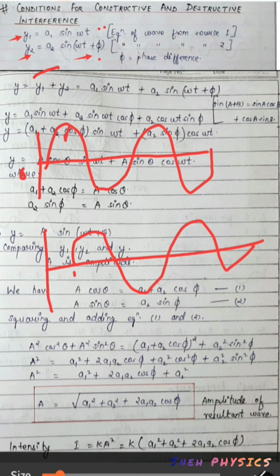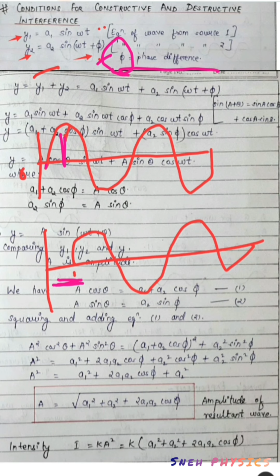So there is a small difference between the two waves, and that difference is known as phase difference. It means that the wave y2 is starting when wave 1 has completed this much of angle. That's why we have included phi in the equation of displacement of the second wave.